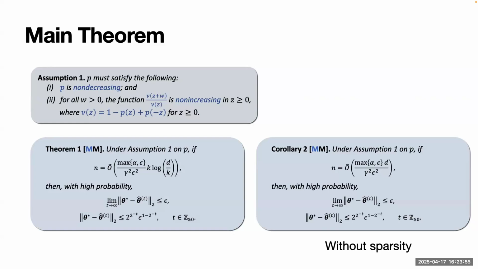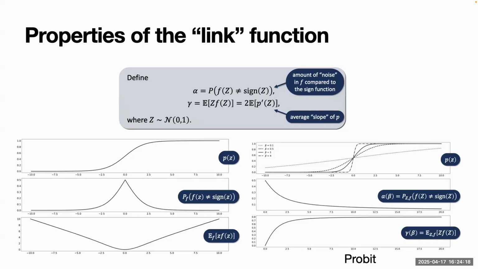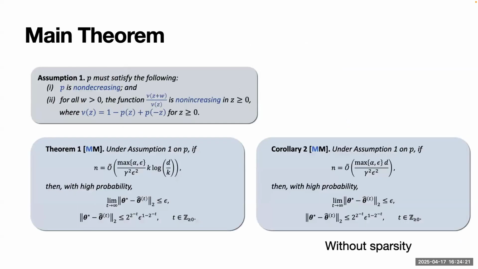Under some assumptions, which I'm going to go over, we want to say that if we have this many samples, which is max of alpha and epsilon, where epsilon is the estimation error that we want to reach, and you recall that alpha is the noise and gamma is the slope, so those two come over here like this, and this times k log d, then with high probability, if we run enough iterations, the L2 norm of theta star minus theta t is upper bounded by epsilon.